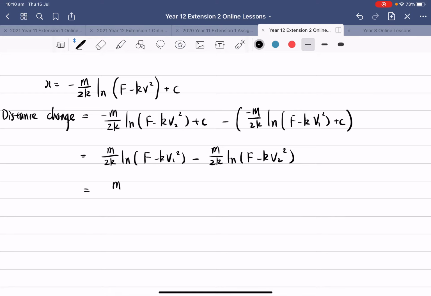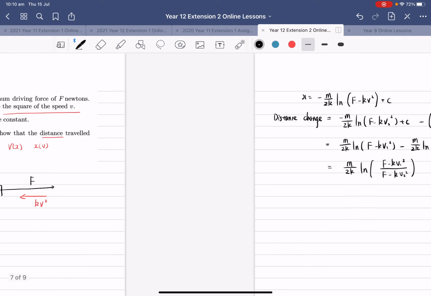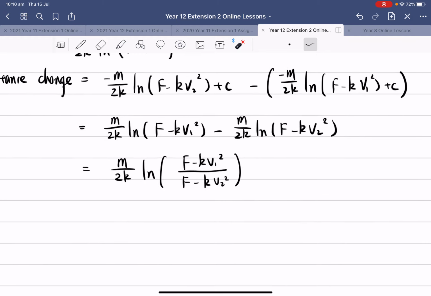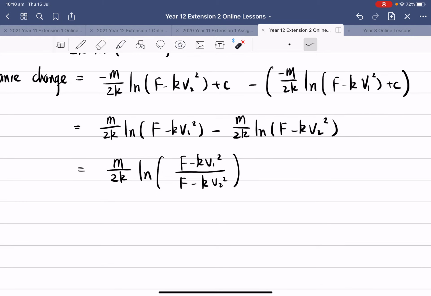All right, factorize the m over 2k outside, that becomes ln f minus kv1 square over f minus kv2 square. I hope that's the answer. Let's have a look at what the answer requires, if that's the right one. Yes, that is the correct answer here. All right, so m over 2k ln bracket f minus kv1 square over f minus kv2 square.